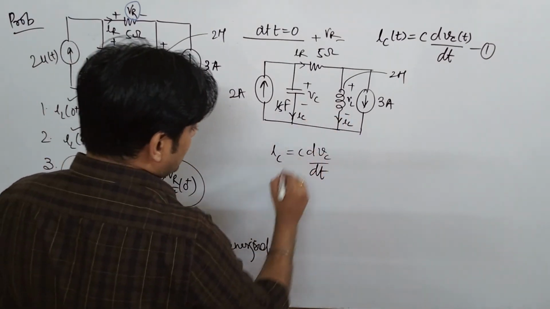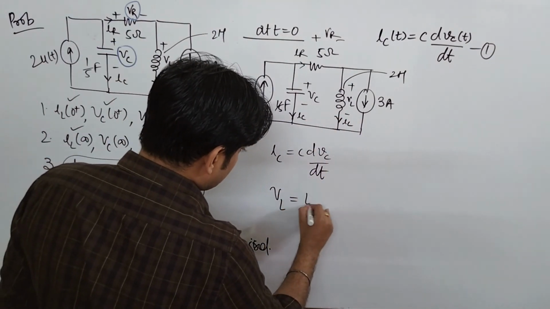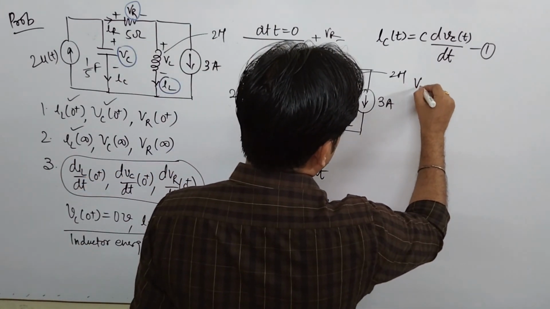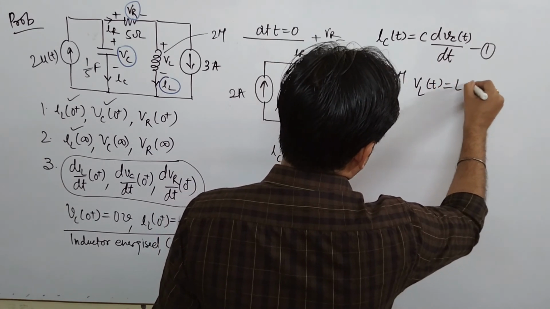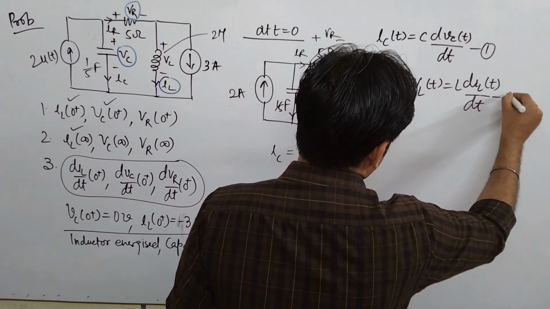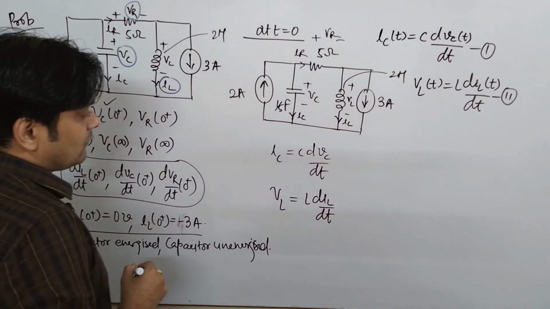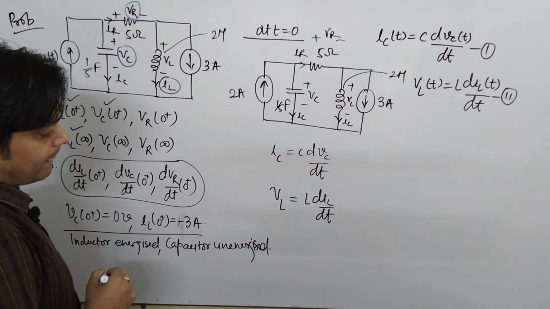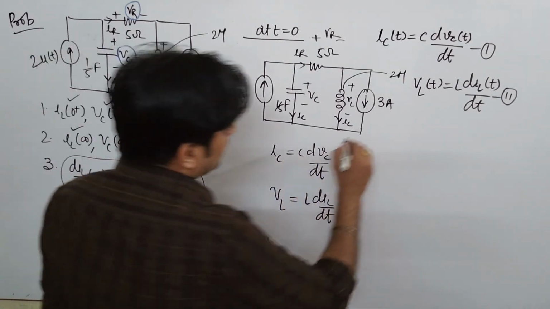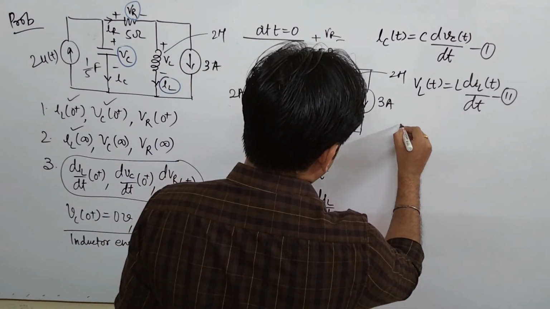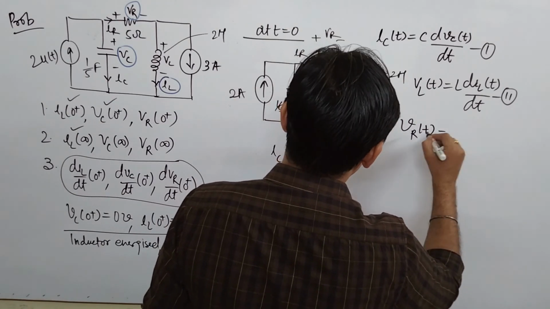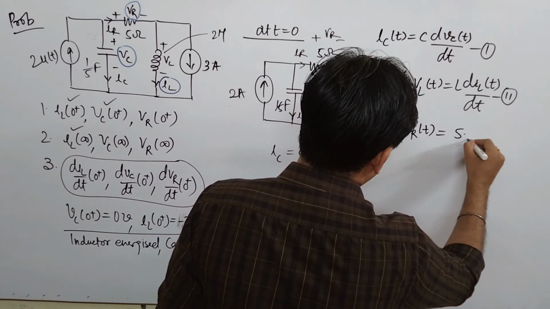Similarly, you can write VL is equal to L dIL/dt, or VL(t) is equal to L dIL(t)/dt. This is second. And finally, you can write VR(t) is equal to 5 into IR(t).